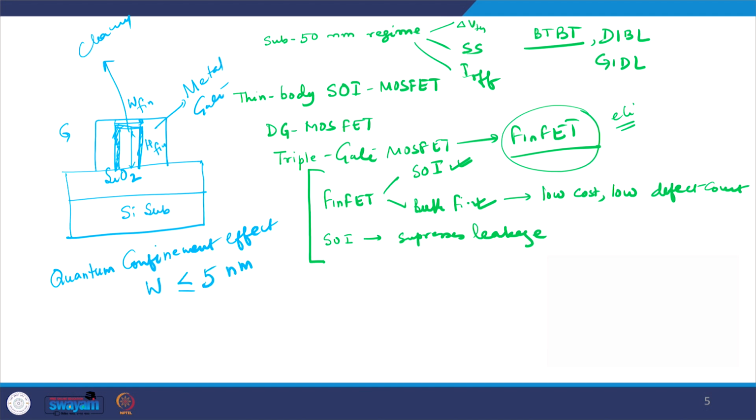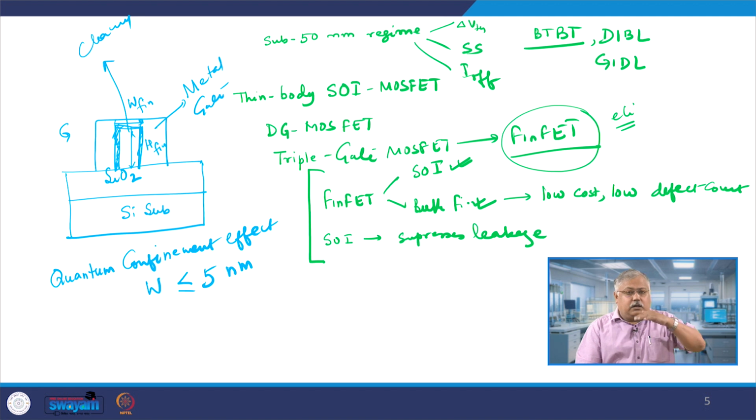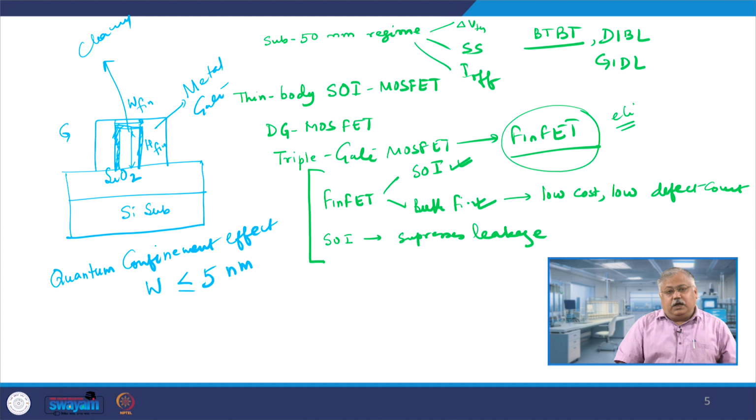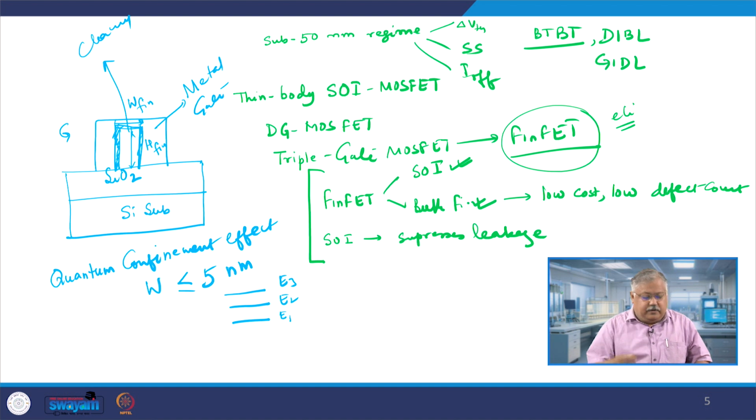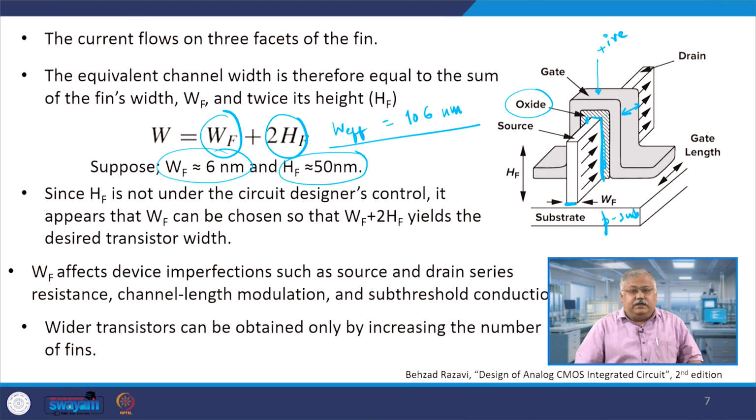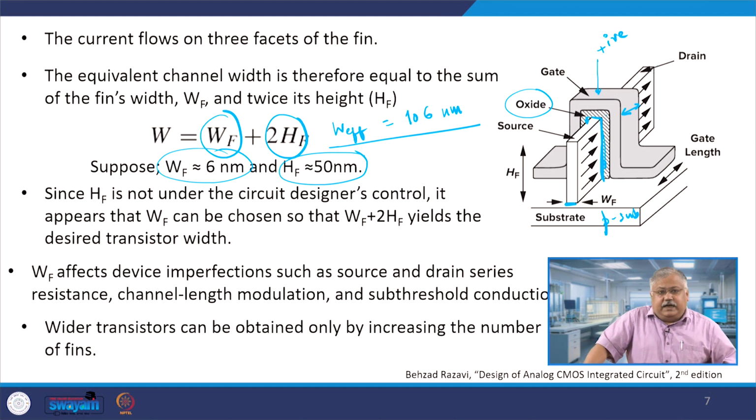The implication of this is that the energy state becomes discrete within the region, and therefore, electrons can only flow in certain discrete energy states, E1, E2 and E3, and there will be less scattering and so on, and the current will increase. Typically, designing a 5 nanometer thin silicon is by itself a challenge. So, we will keep that for later cases.